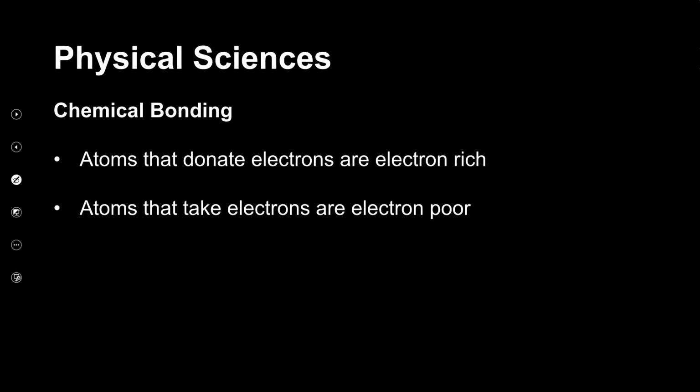Okay, and then atoms that donate electrons are electron rich. So those that donate electrons are electron rich. It means they've got a lot of electrons, right? And those that take electrons are electron poor. So for rich or poor, in the context of transfer, in the context of losing and gaining, this has to do with electrons.